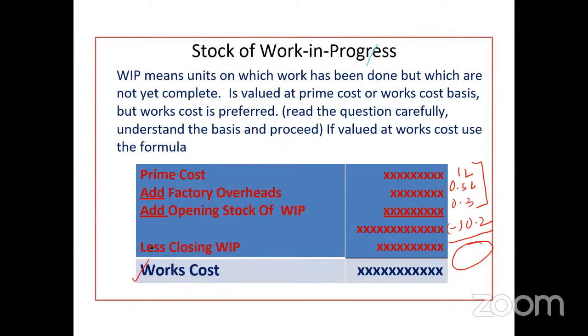Earlier, we simply took the prime cost, added factory overhead, and finally got the works cost or factory cost. But here, prime cost plus factory overhead, then we have to add the opening stock of work in progress and deduct the closing stock of semi-finished goods or work in progress, if any, to get the works cost. Is it clear? Yes, sir.